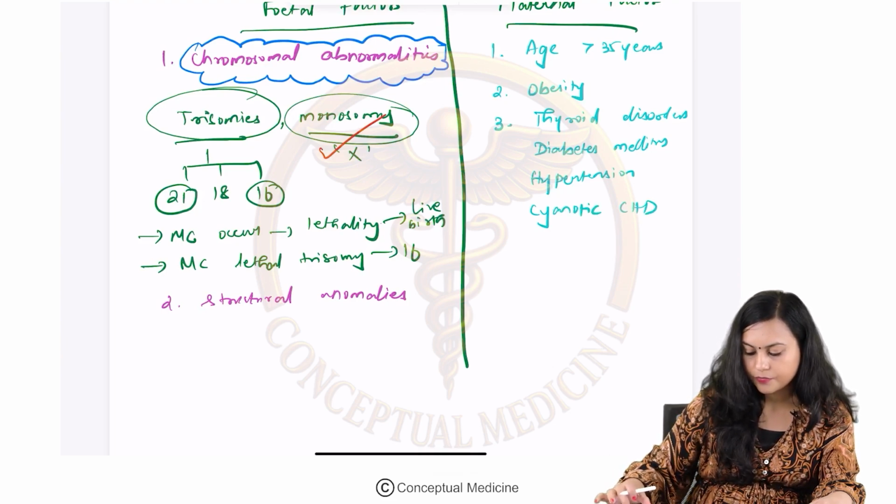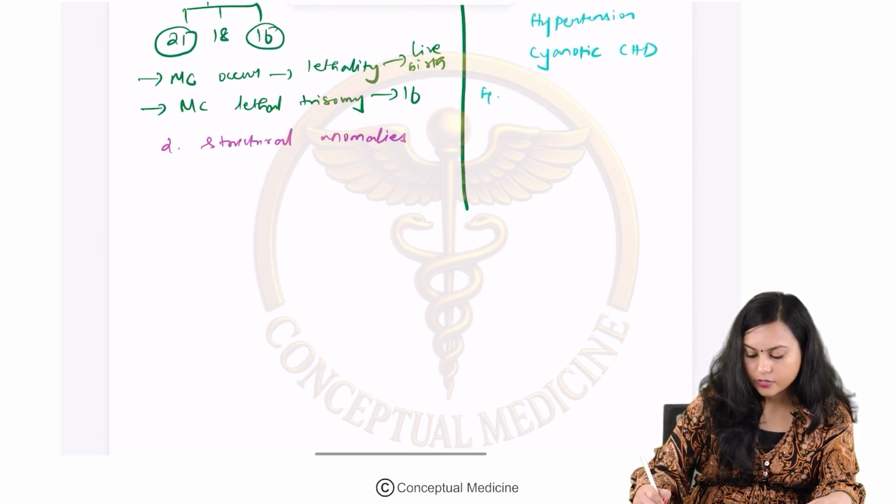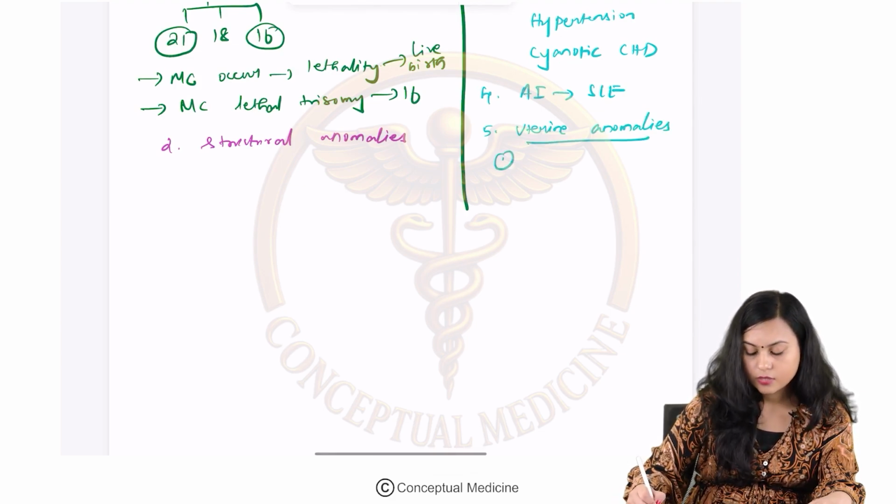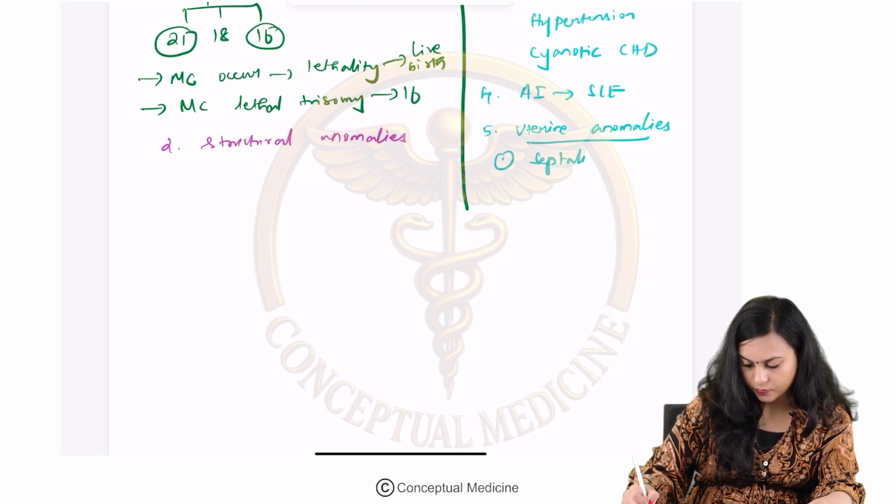Not only this, when there are autoimmune causes, for example SLE, then any uterine anomalies, say septate uterus, or intrauterine adhesions, that is Asherman syndrome.